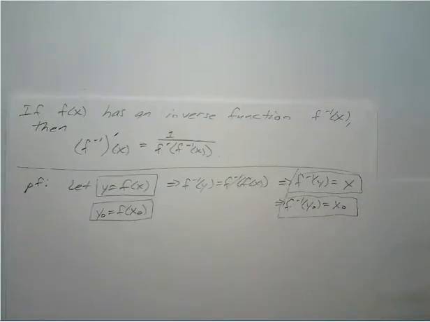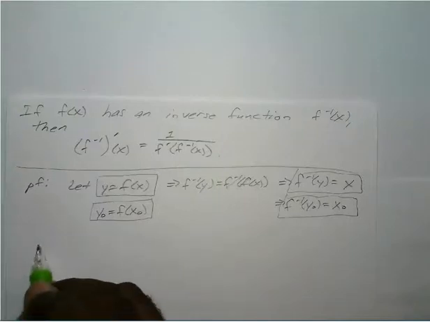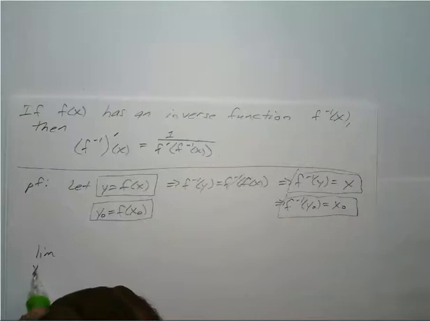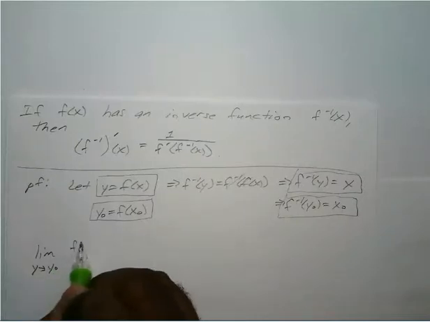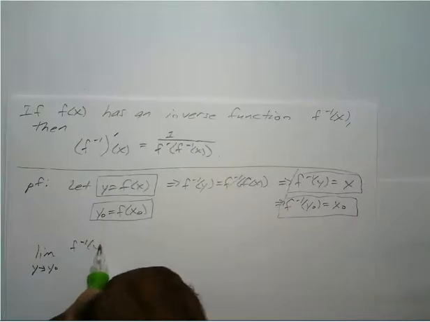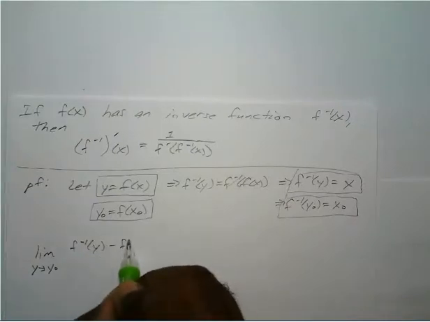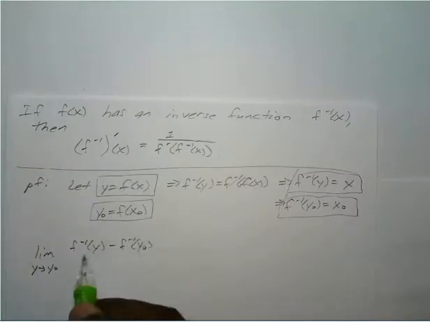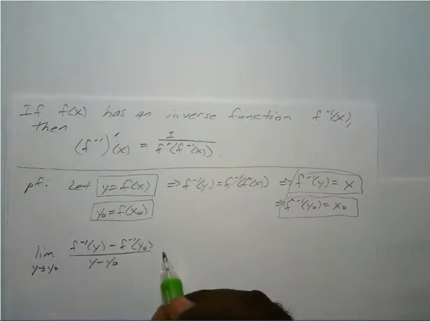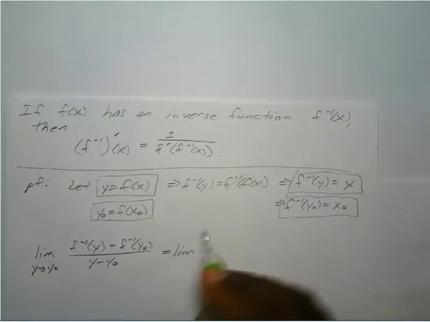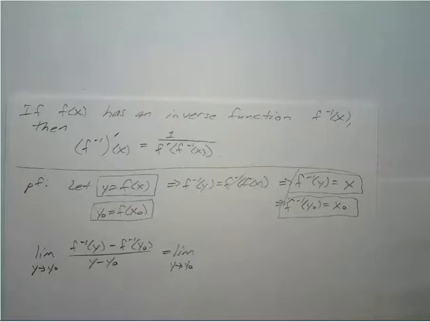Okay, how do we prove most derivatives? Well, the limit definition. So you have the limit as y approaches y sub 0 of f inverse of y minus f inverse of y sub 0, all over y minus y sub 0. That equals the limit as y approaches y sub 0.